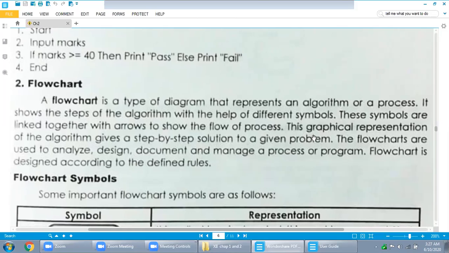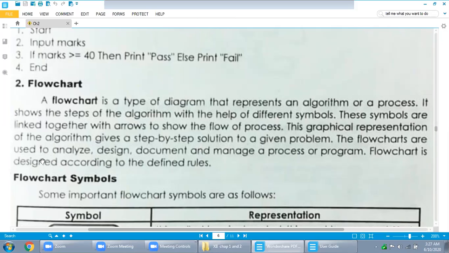This graphical representation of an algorithm gives a step-by-step solution to the given problem. Any problem which you have performed step-by-step is known as an algorithm, and on the basis of those steps you make the diagram, then this diagram is known as a flowchart.